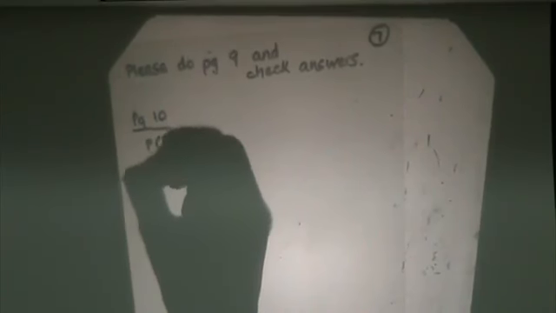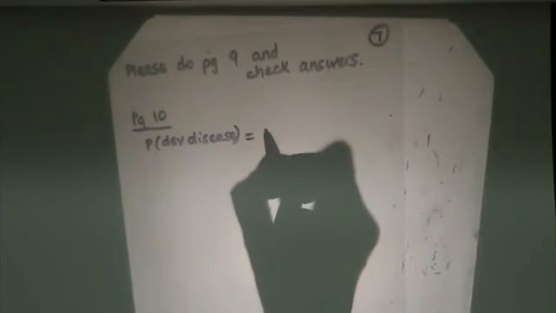It is reasonable to assume that a health worker exposed to a certain virus has a 25% chance of developing the disease. So probability of developing the disease is equal to 1/4, 0.25.